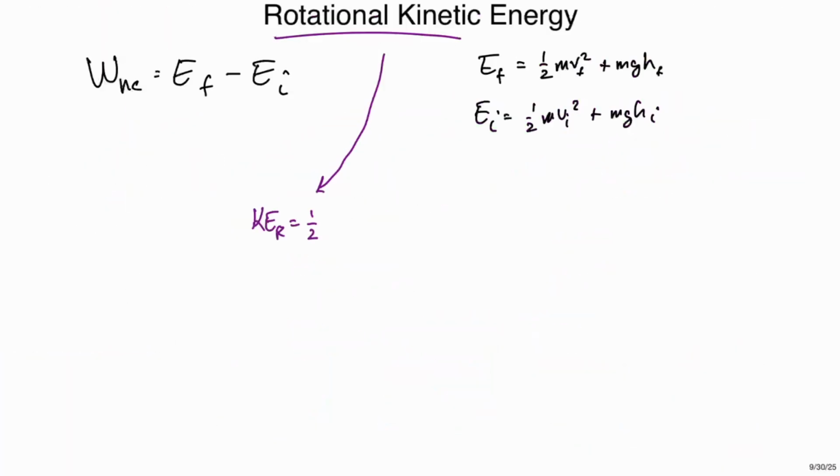So instead of mass, it's moment of inertia, and then instead of v squared, omega squared. Good job being careful. That is what it is, yes.